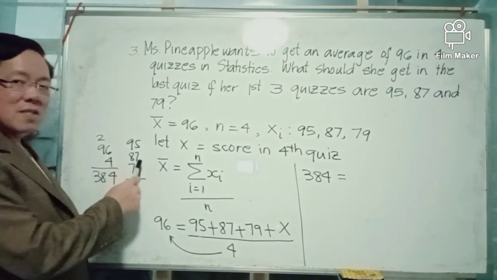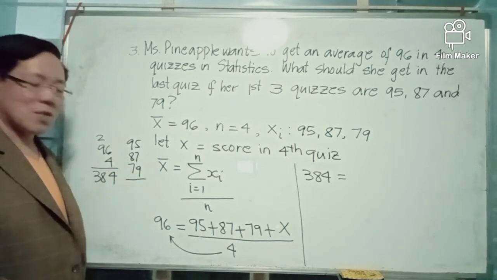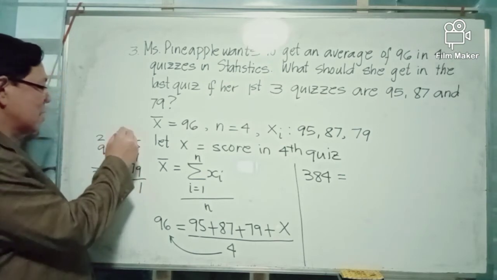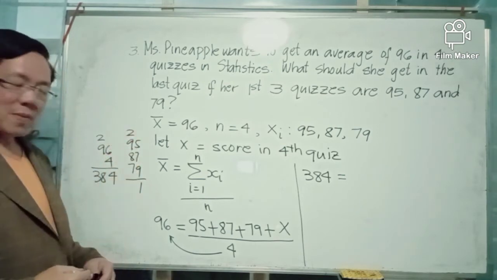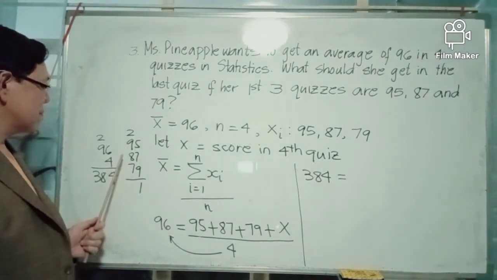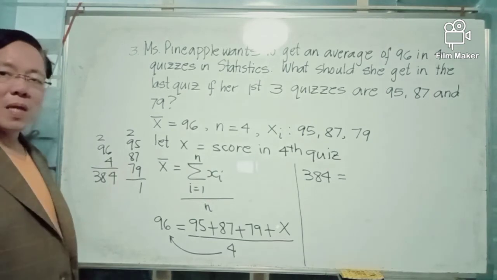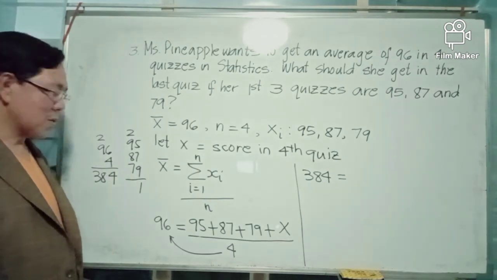We have 5 plus 7 is 12. And 12 plus 9 is 21. And carry 2. We have 2 plus 9 is 11. Plus 8 is 19. Plus 7 is 261.